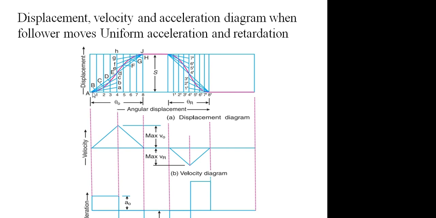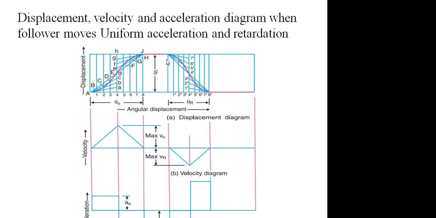The second line, that is capital A small b, intersects the second vertical line at point C. The third line, that is capital A capital C, intersects the third vertical line at point D. The middle line, that is capital A small d and capital J, is intersecting the middle line at point E. This EJ line intersects at point F, FJ line intersects at point G, and GJ line intersects at point H. You will get a number of points here like B, C, D, E, F, G, H, and J. Draw a smooth curve passing through all these points.